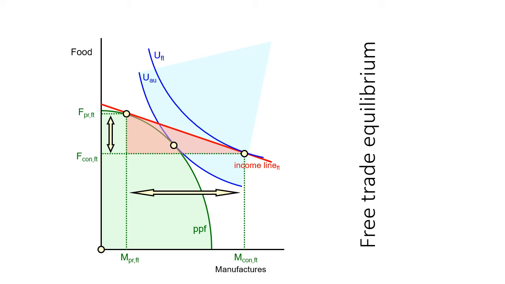Okay, now we need to find what is our point of consumption. So where does consumption occur? Consumption will occur where the marginal rate of substitution and the ratio of prices are equal, where the income line and utility line are tangent. So that is occurring at the point FCon FT and MCon FT, which is the food and the manufacturing demand from the consumption side on free trade.